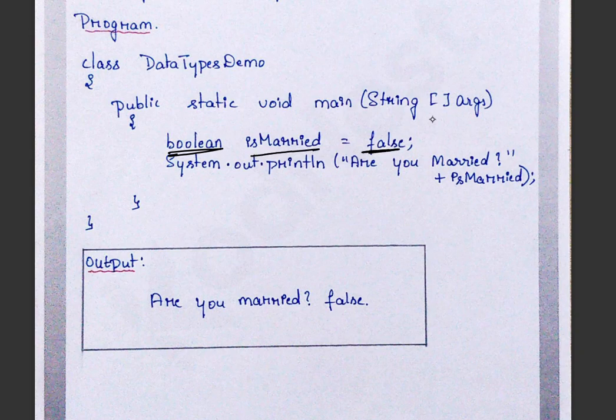Here we use either true or false. For this statement, isMarried, we have given false, so it prints false. If we have given true, it prints true. So for true or false, yes or no, we use boolean.